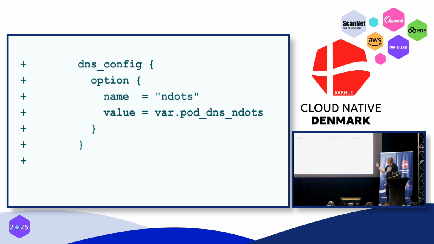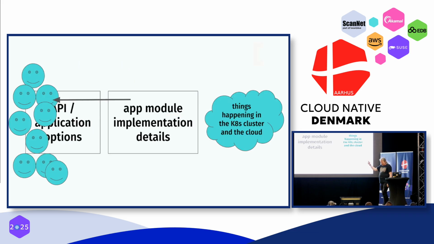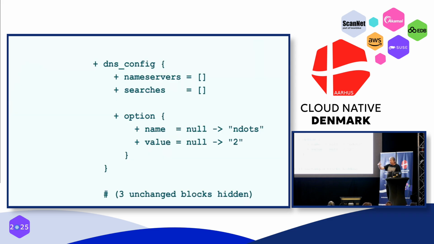So we added this to the app module, and then this is pushed back to the users, and they run their Terraforms, whichever way they do it, and they get this sort of plan, and they are like, I don't know, what is this? It's the same as changing the load balancer from internet facing to internal.